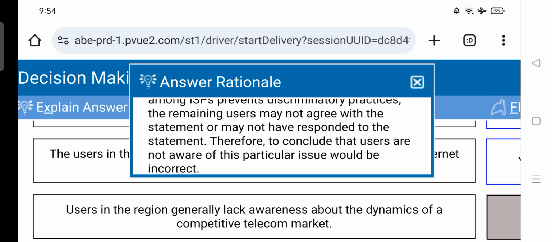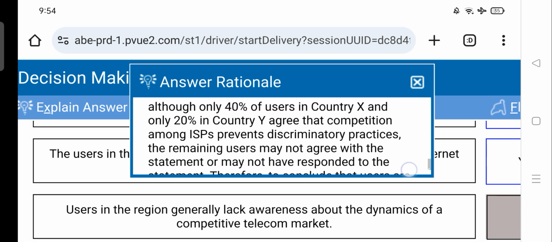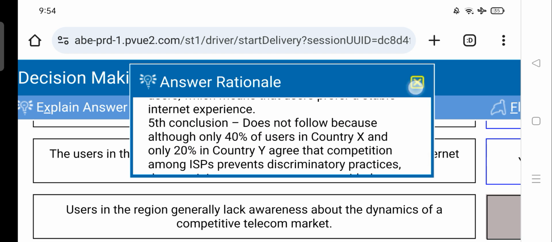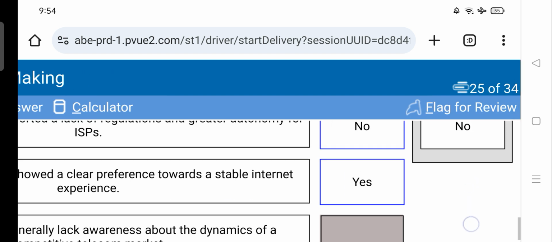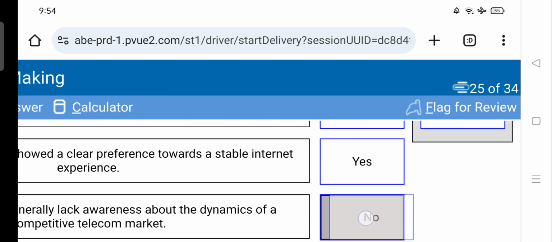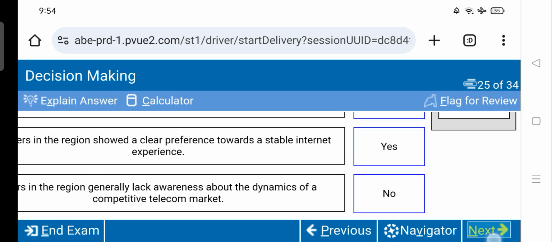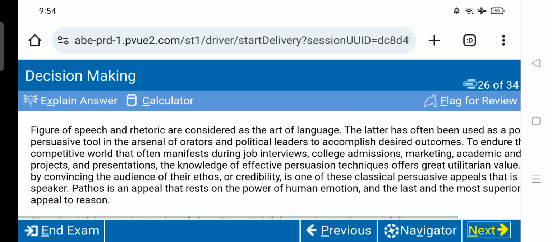Therefore, to conclude that users are not aware of this particular issue would be incorrect. So the fifth conclusion does not follow, so it's a no. So we will drag a no and drop it here in front of this conclusion.